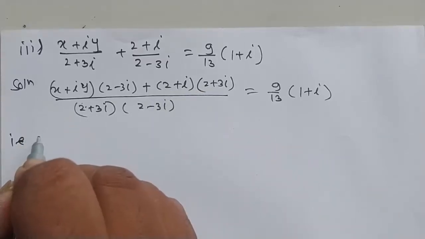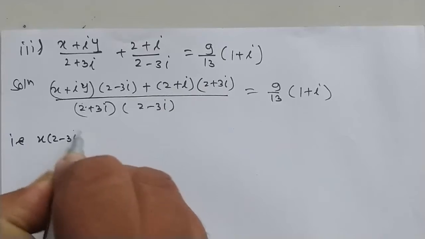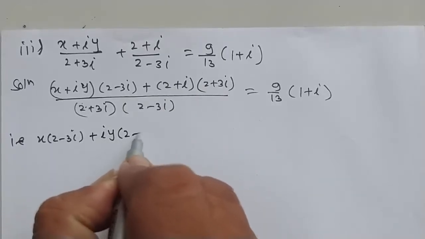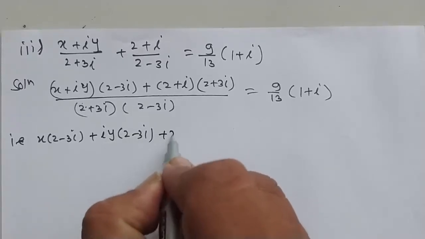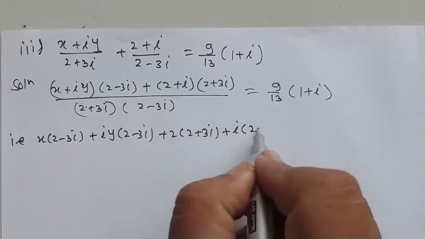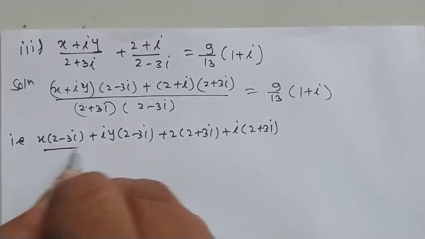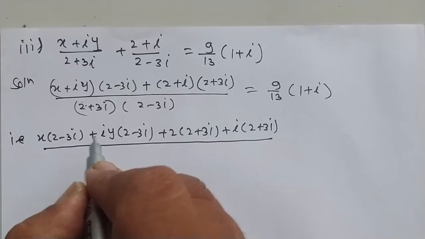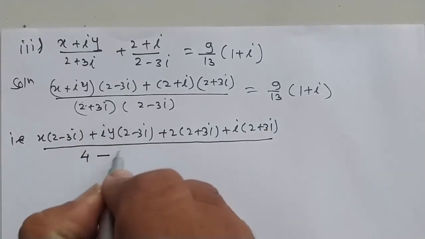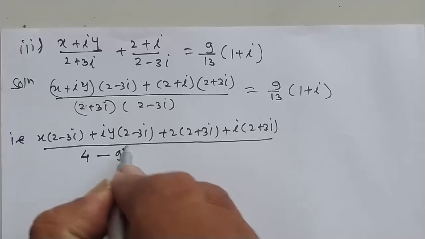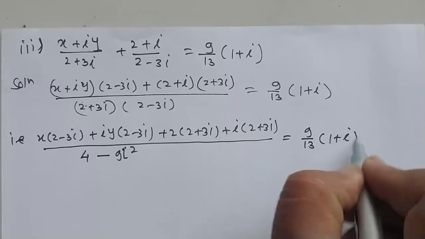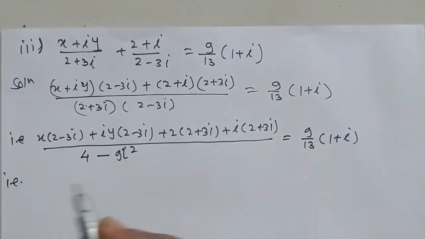Using that, x into (2 minus 3i) plus i y into (2 minus 3i) plus 2 into (2 plus 3i) plus i into (2 plus 3i), divided by 2 square is 4 minus 3 square i square, which is 9 i square, is equal to 9 upon 13 into 1 plus i.